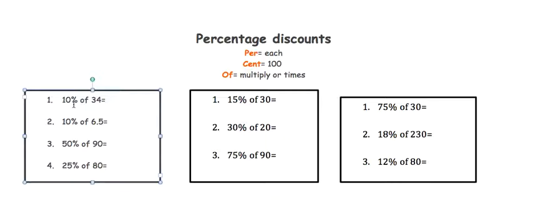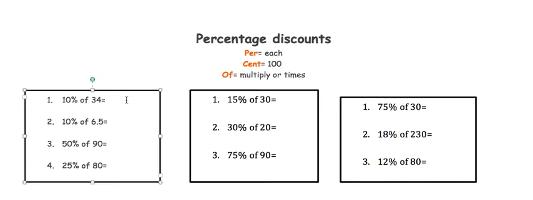So the first really easy way to figure out percentages is by knowing that 10% is the same as saying, well, let's divide by 10. So I'm going to move my decimal over to the left in my whole number here that I'm going to find the percent of. So that would mean that there is an invisible decimal here, and I'm going to move that one over to the left.